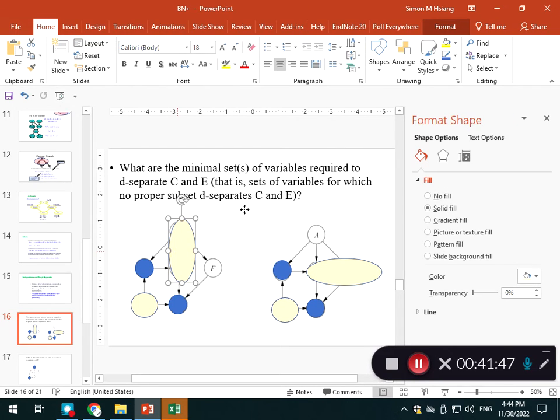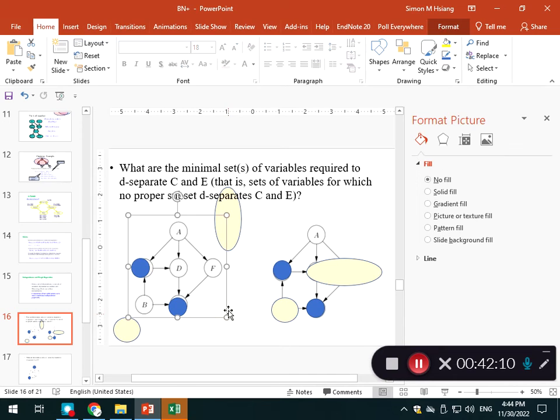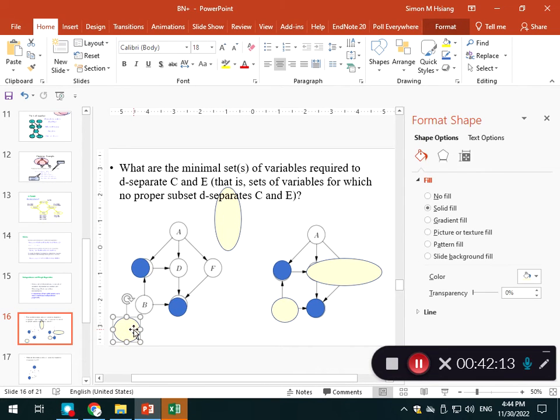I'm blocking C and E. Once I say C and E are blocked, all you need to figure out is: is there a common ancestor for these two blue dots?